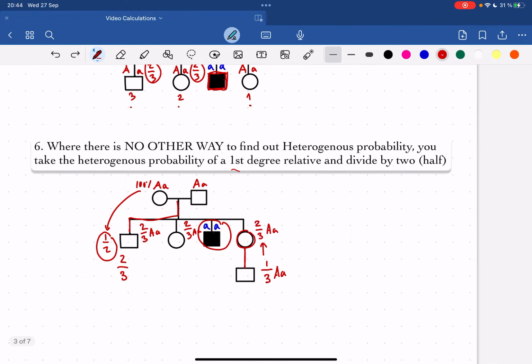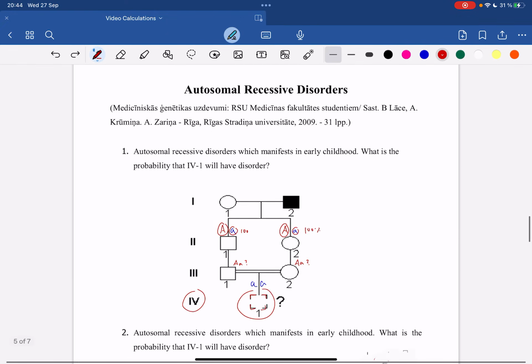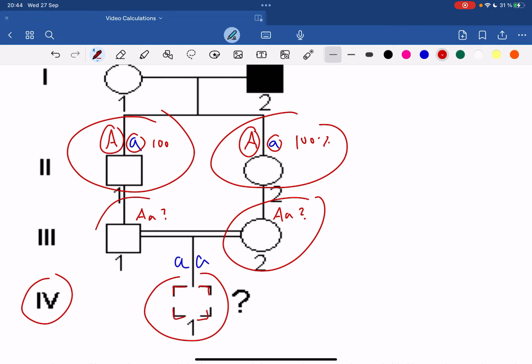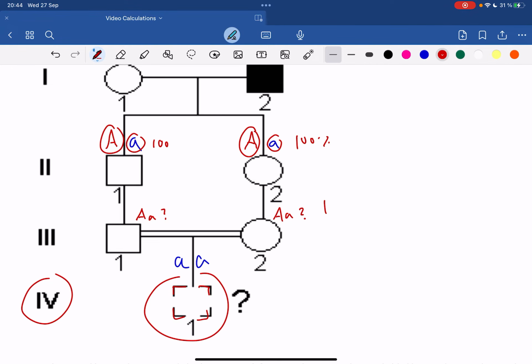So then we take the first degree relative heterozygous probability and divide it by 2. So we take this divided by 2 for this person and this divided by 2 for this person, which will be 50% or 1 out of 2. Same thing here, 1 out of 2.